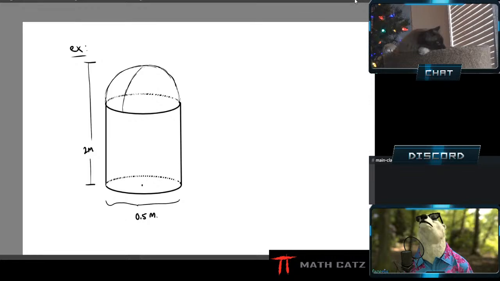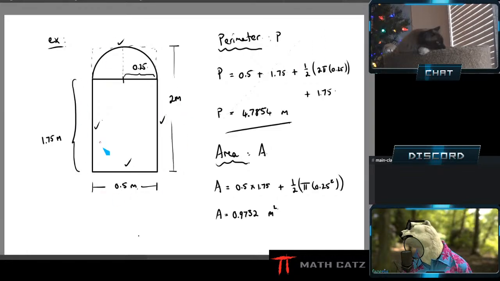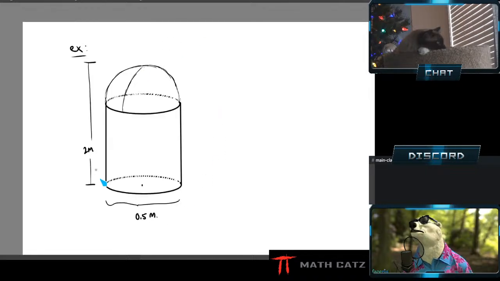So now the concept of perimeter, sort of the outside of a two-dimensional shape, becomes the outside of this three-dimensional shape, which would be surface area.